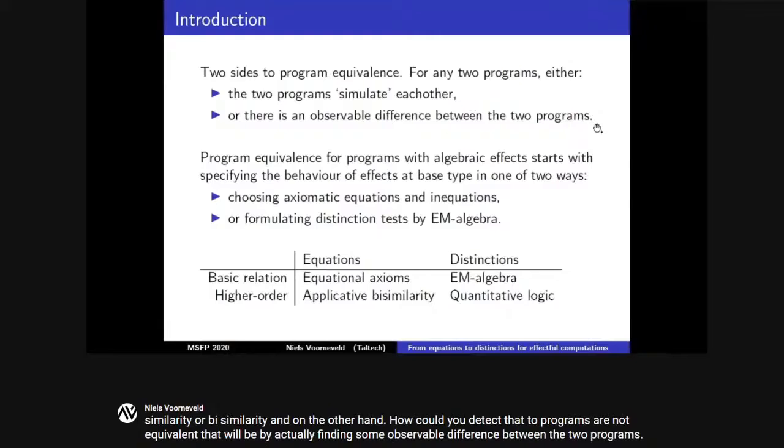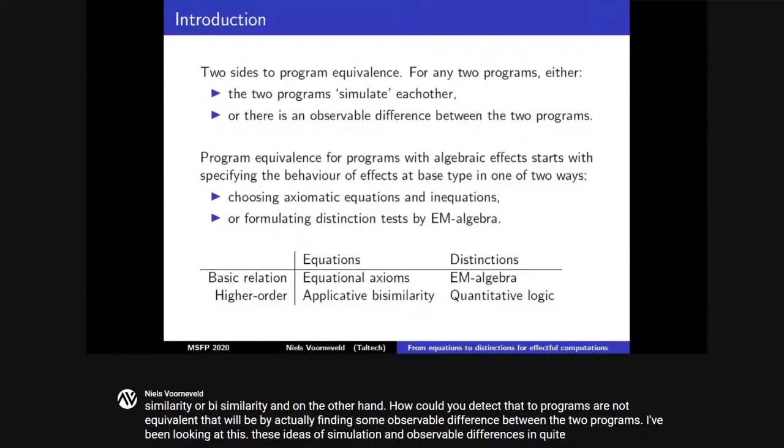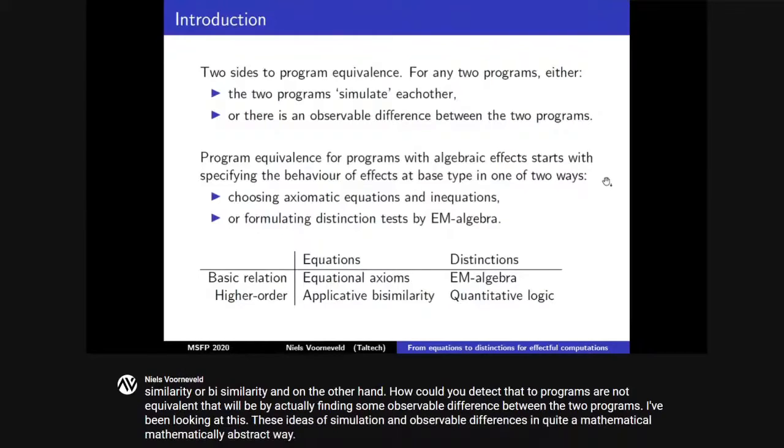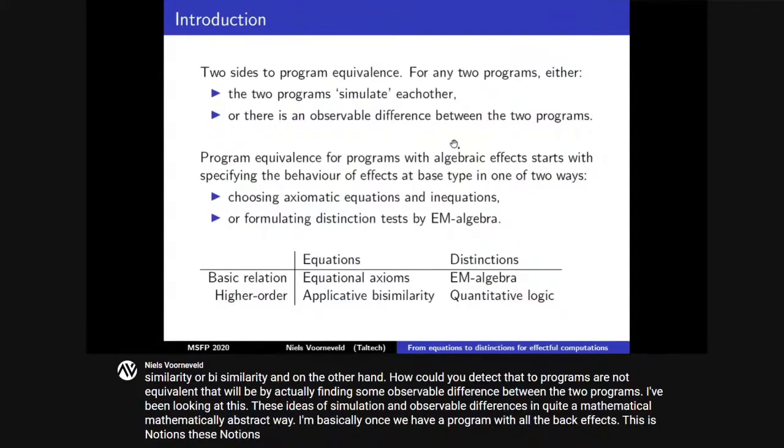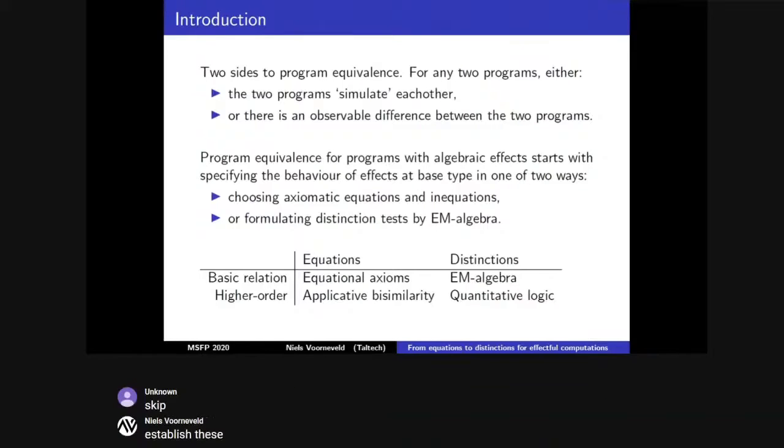I've been looking at these ideas of simulation and observable differences in a quite mathematically abstract way. Once we have a program with algebraic effects, we have to establish these notions. We have to actually ask ourselves what happens at base type, right?